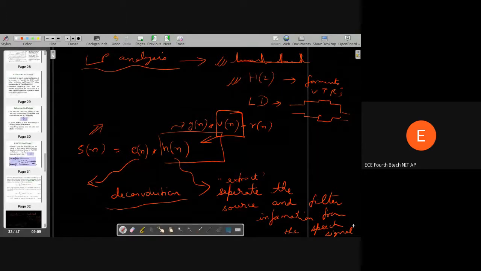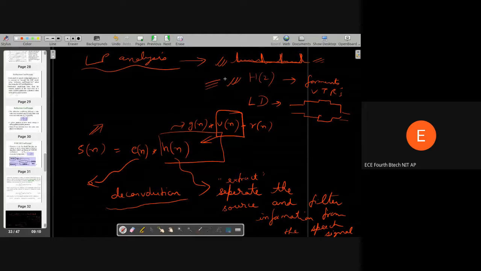So LP analysis, we have seen, does a very good job. No technique is perfect. We have seen that it is quite noisy, and there are other issues with the vocal tract system. If we change the order of the LP analysis, the P value, which is related to the number of poles in the transfer function, then depending on the value of P we can get inaccurate or spurious analysis.